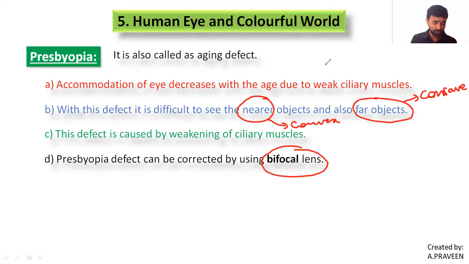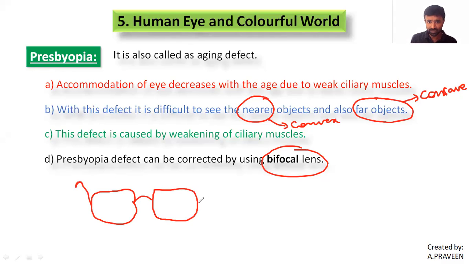So here you have selected a lens. What lens did you select? That is called a bifocal lens. Bifocal lens means what? It is a combination of two lenses. Suppose in your spectacles you are using a combined lens, right?